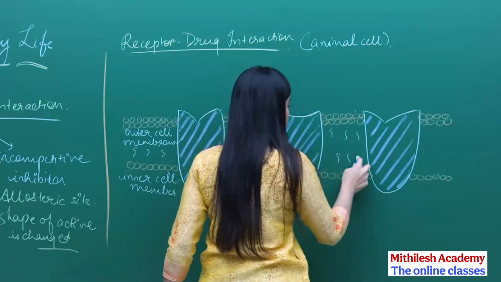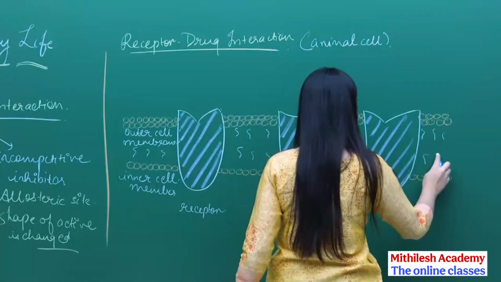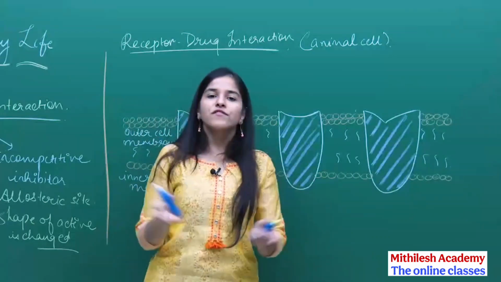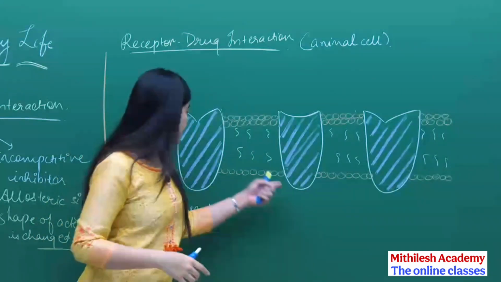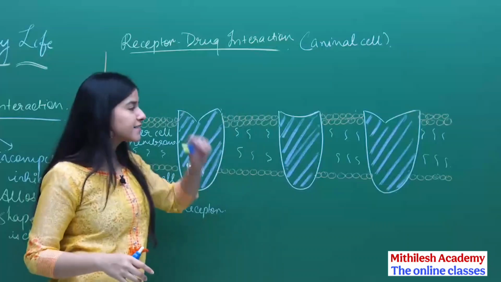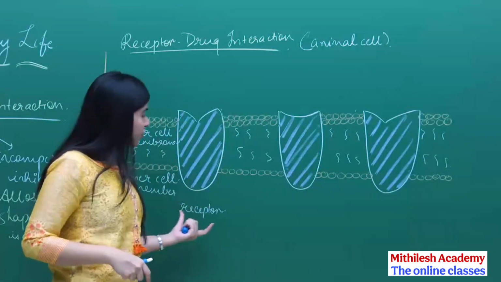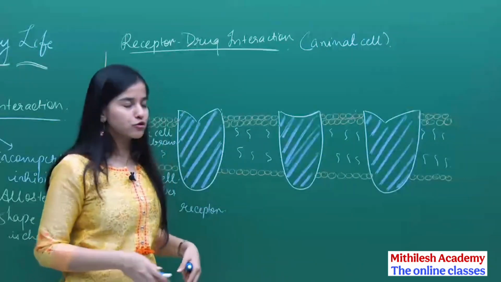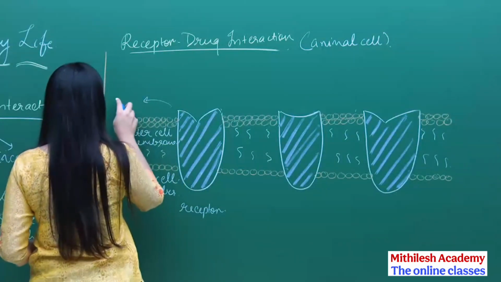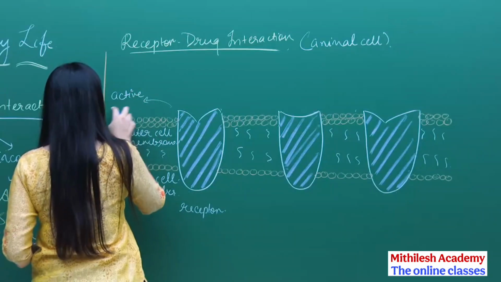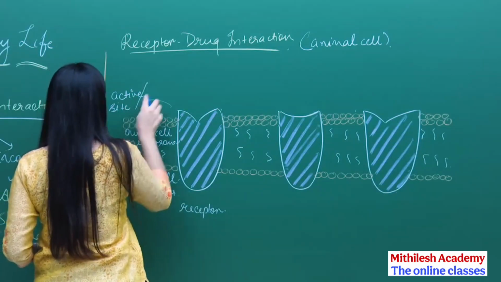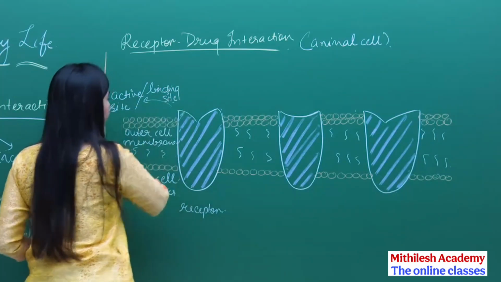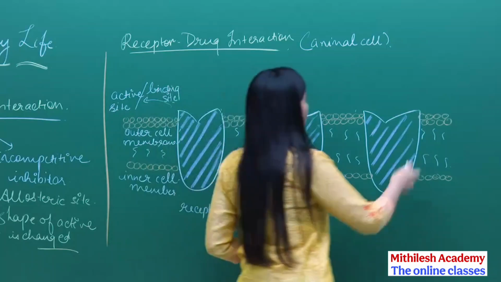That is the rest of the cells which are present over here. Actually that is the boundary of a particular animal cell. The boundary has the inner cell membrane as well as the outer cell membrane. So these receptors are embedded within the membrane, having the active site in the outward portion. So this is the active site, or I can say the binding site. So that is how it is embedded.